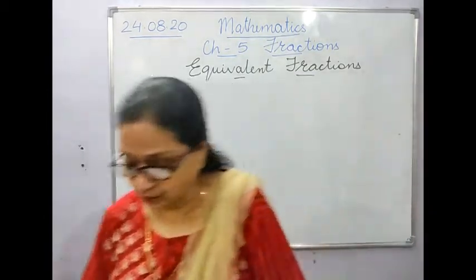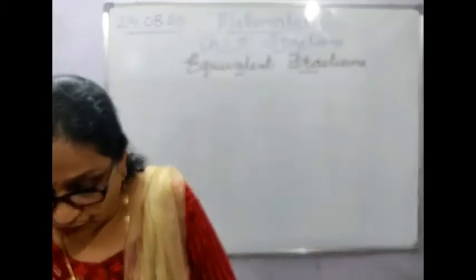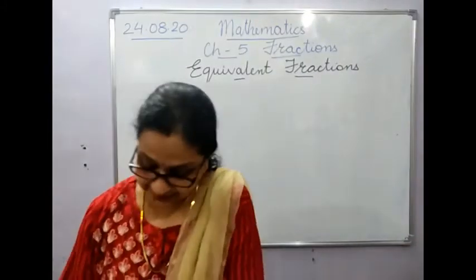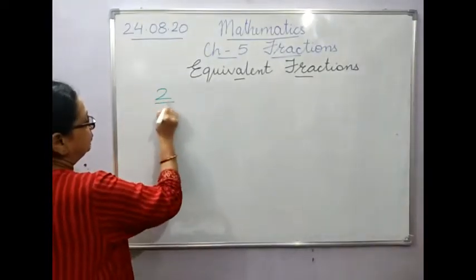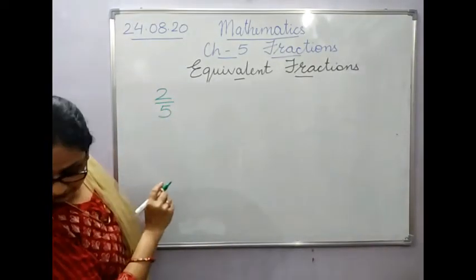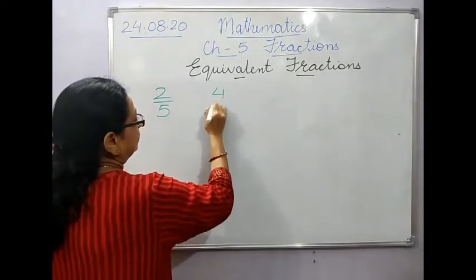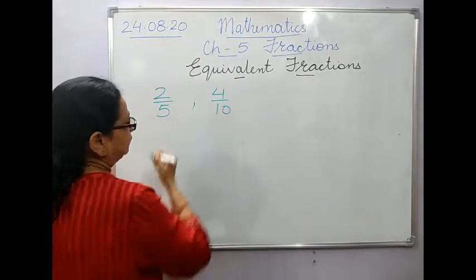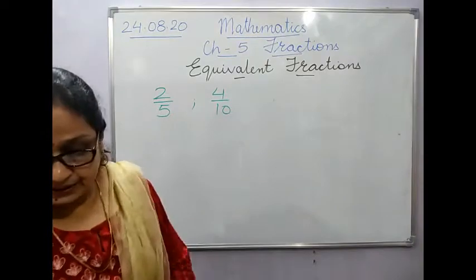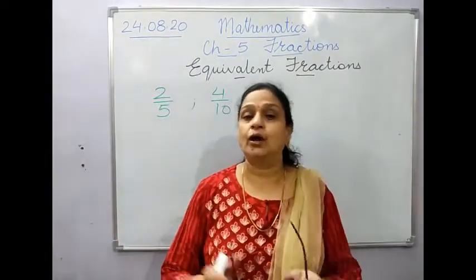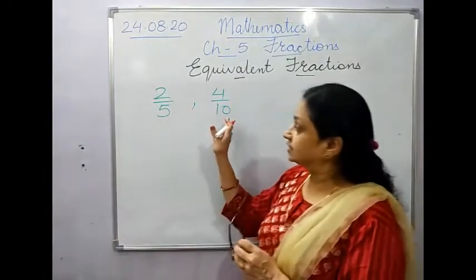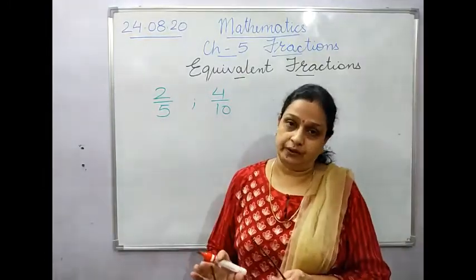Now I'll show you what they want to say. I'll take the same example they have given, 2 upon 5 and 4 upon 10. Children, they have given these two fractions and they have asked to find out whether both the fractions are equivalent or not.